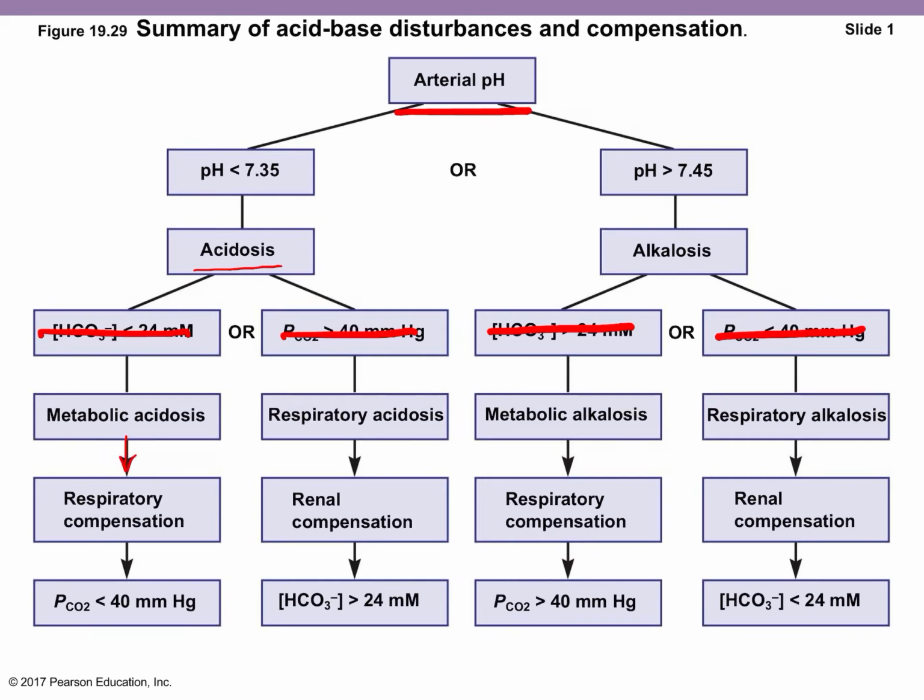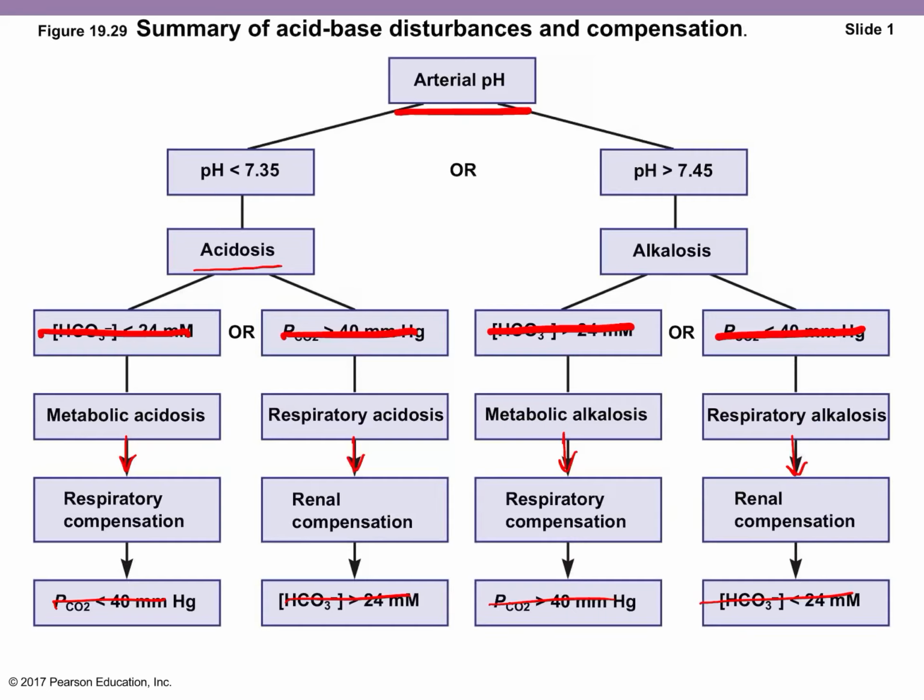Respiratory acidosis leads to renal compensation. Metabolic alkalosis can lead to respiratory compensation. Respiratory alkalosis leads to renal compensation. Again, don't worry about the numbers, but you realize that they can compensate for each other, right? If you have a metabolic acidosis, you can compensate for it with the other system.